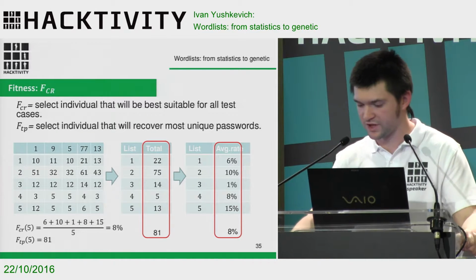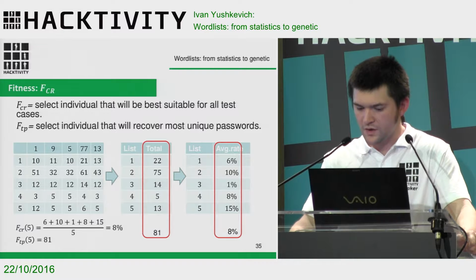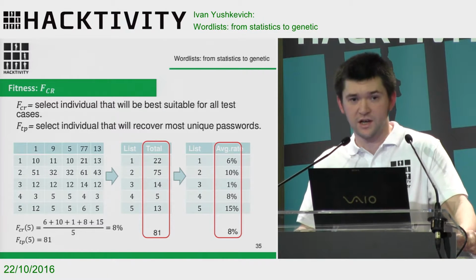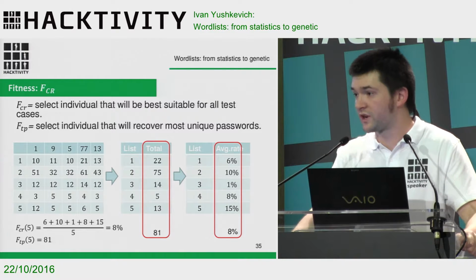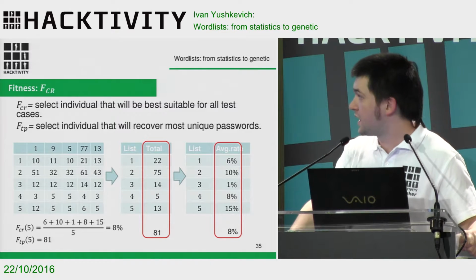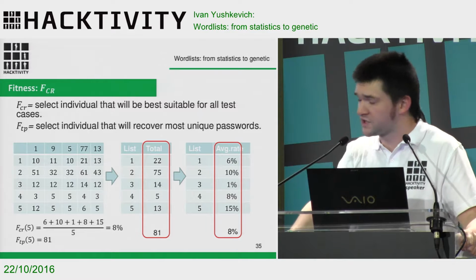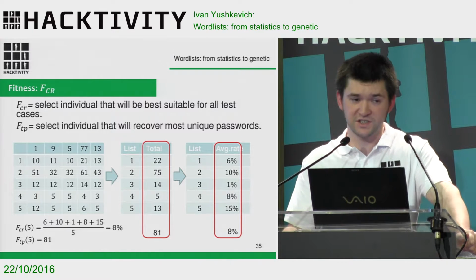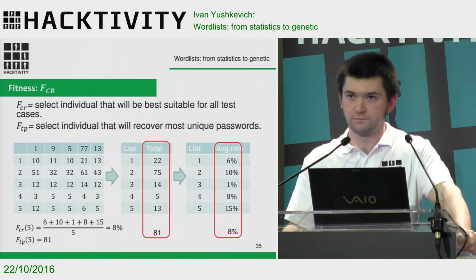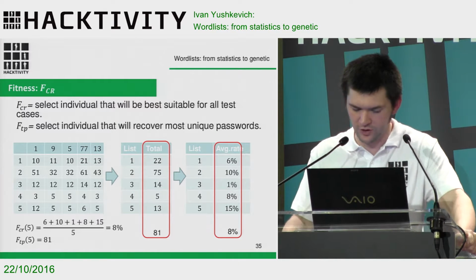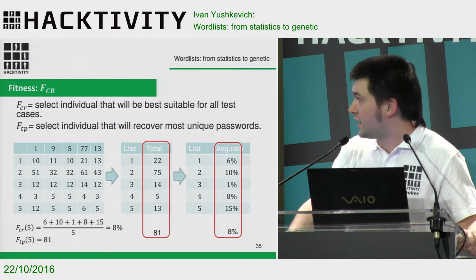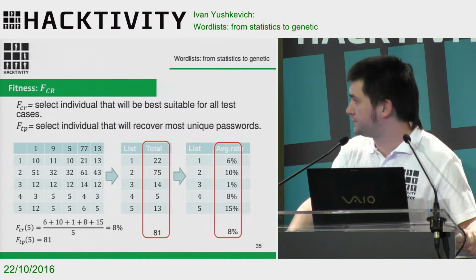The idea of the average crack rate is to get the dictionary that is best suitable for cracking all test cases. And total passwords is to select the individual that is best to get more and more passwords.